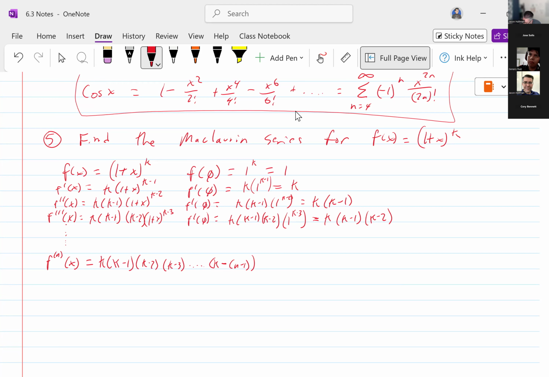The third derivative produced a k minus 2, so the nth derivative would produce a k minus (n minus 1), times (1 plus x) to the k minus n power. So f sub n of 0 is equal to k times k minus 1 times k minus 2, dot dot dot, all the way to k minus (n minus 1).